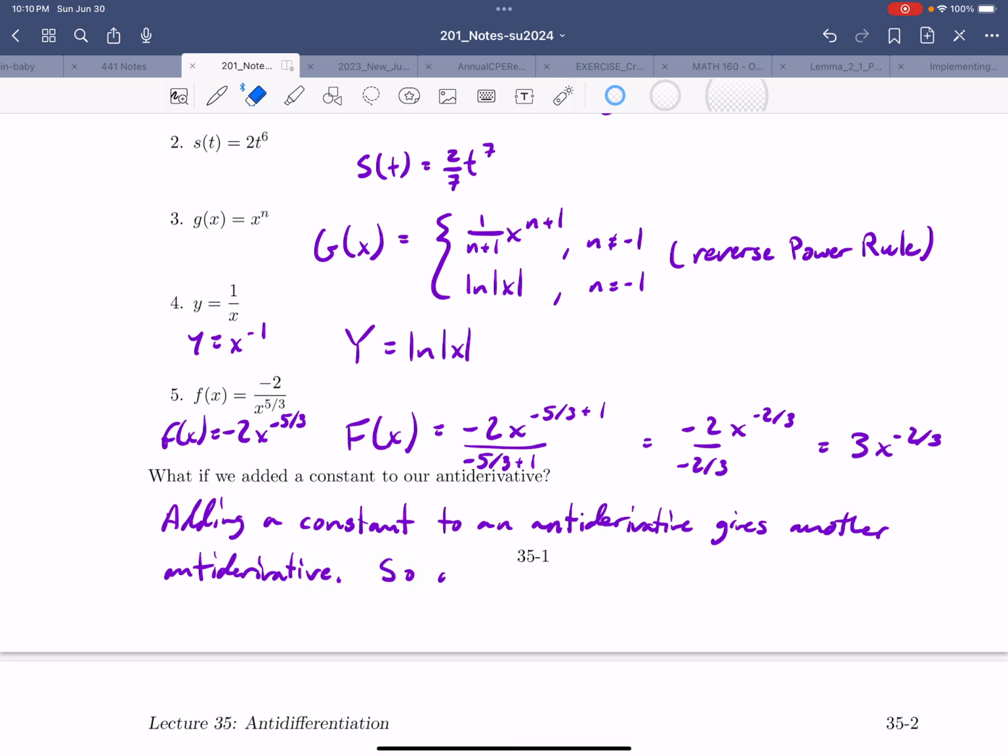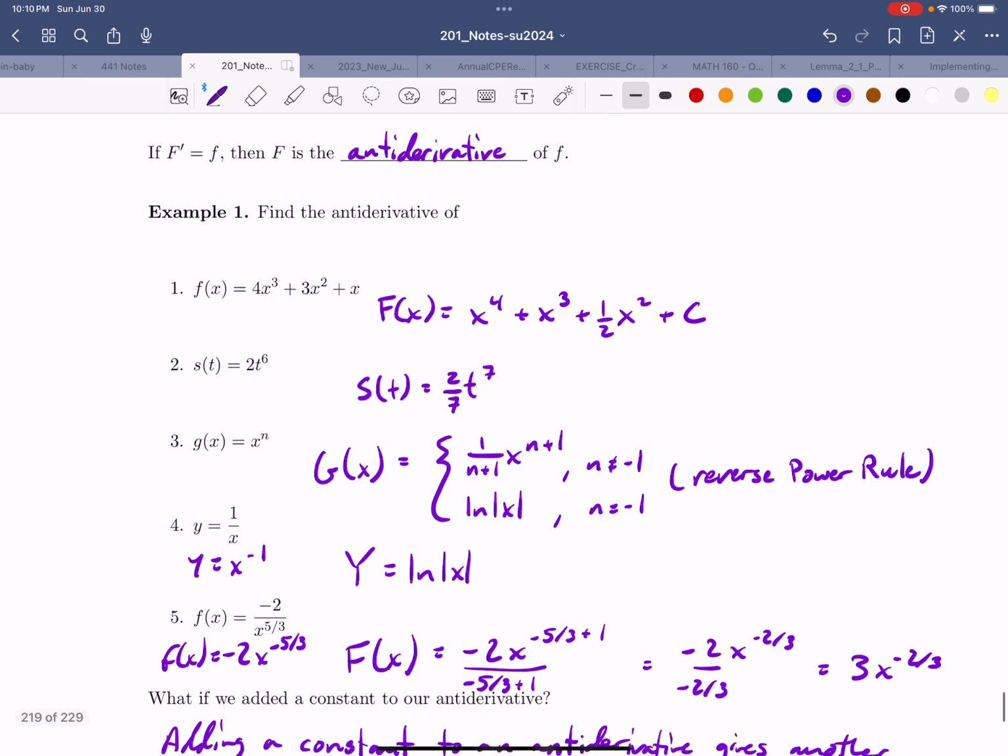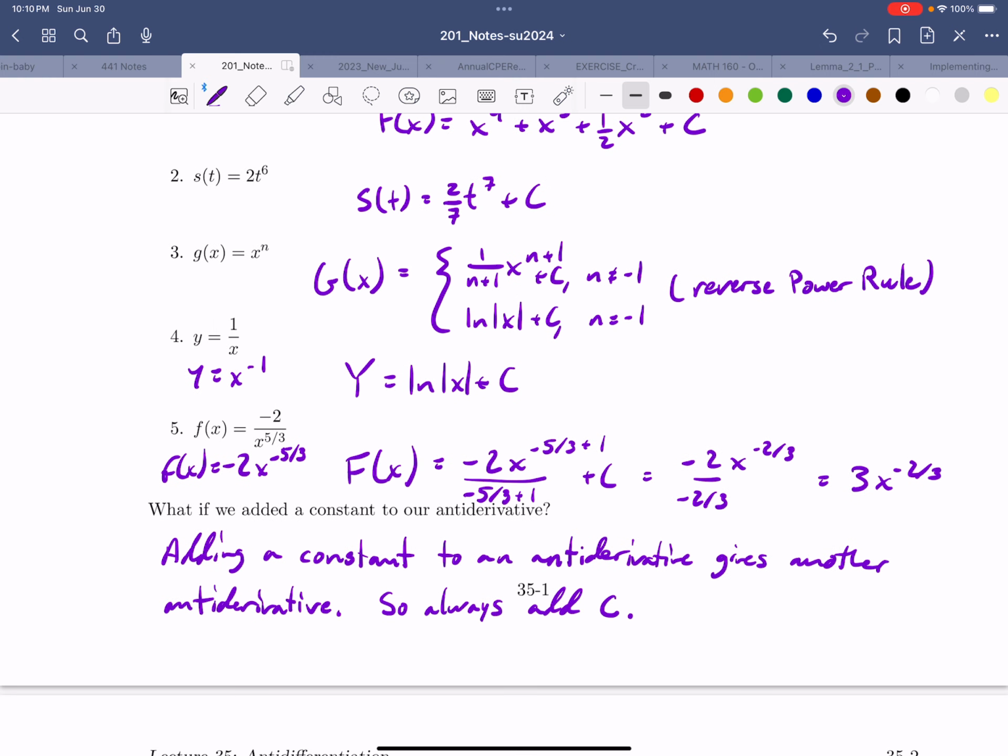So, always add c. Okay? So if we go back here, we write plus c. Plus c, plus c, plus c.